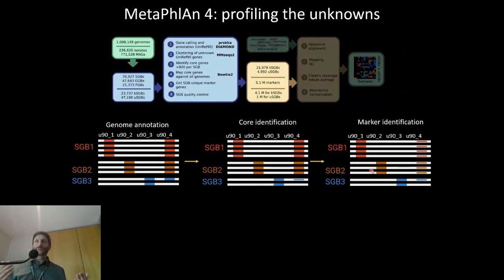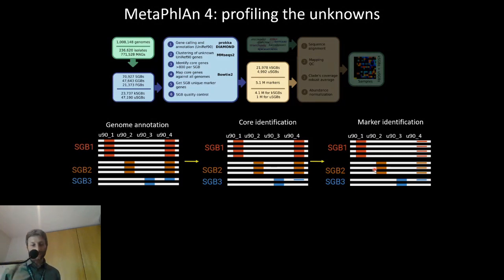If we do that, we can have specific and unique markers that are a unique barcode for that species. So if we find reads mapping against these kinds of markers, we can say for sure that the corresponding SGB is present. Of course, we don't do that with one gene per species.